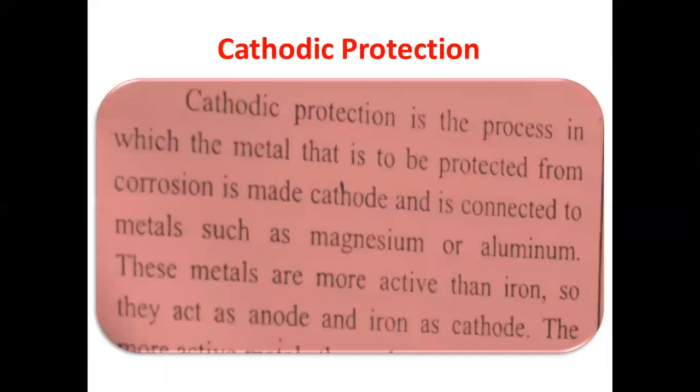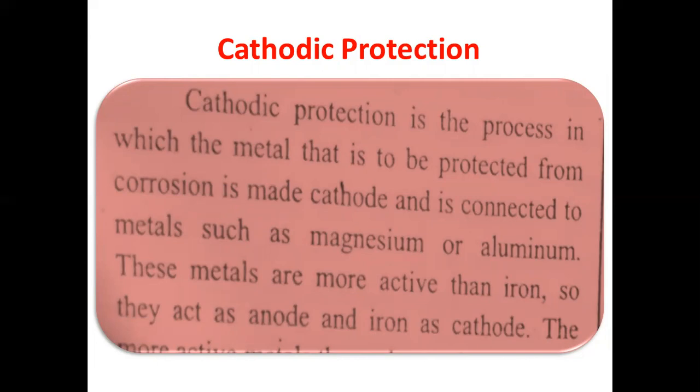The last point is cathodic protection. Cathodic protection is the process in which the metal that is to be protected from corrosion is made cathode and is connected to metals such as magnesium or aluminum. These metals are more active than iron, so they act as anode and iron as a cathode.